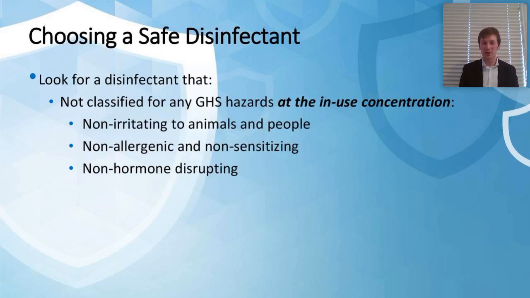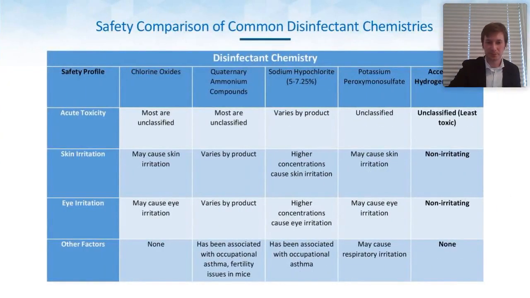So we want to focus on this information for the product that's actually being used as part of your day-to-day operations. And so choosing a product that's non-irritating to animals as well as people, that's going to be non-allergenic and non-sensitizing, and also that's going to be non-hormone disrupting.